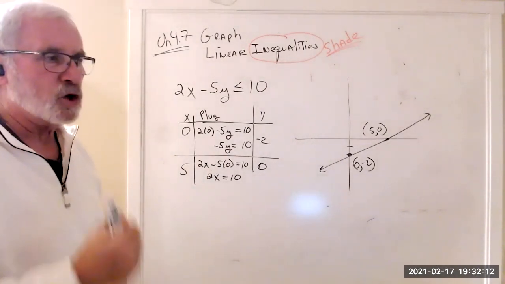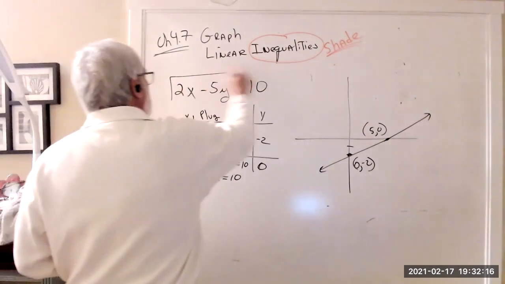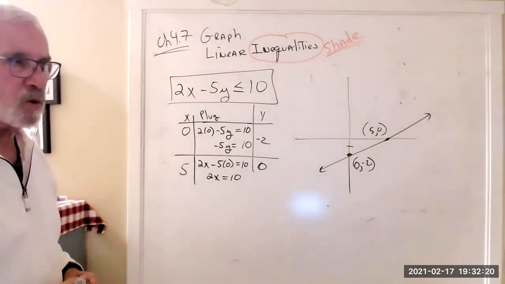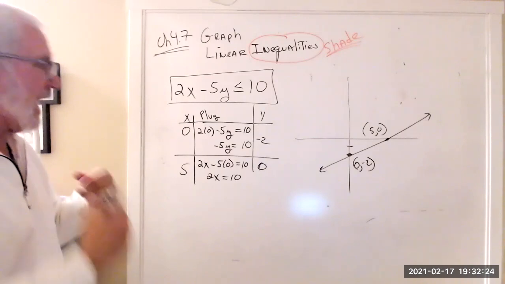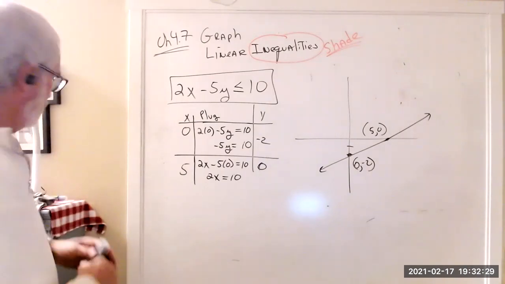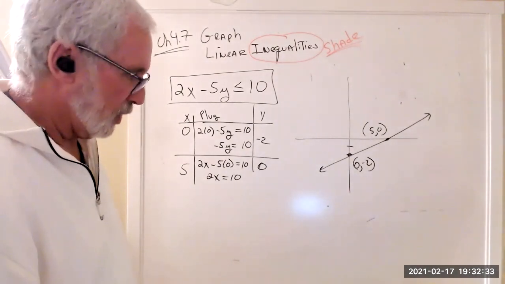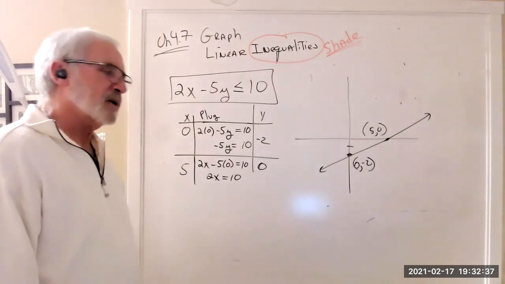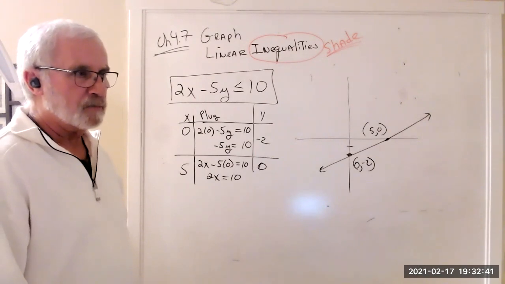I can't use the shortcut because this equation is not in slope-intercept form. It doesn't look like y equals mx plus b. So this time I have to use the test point. And before you say, I'm never going to use the test point because I know a way around it, we're going to get some problems later this semester where the test point is the only way to do the problem.